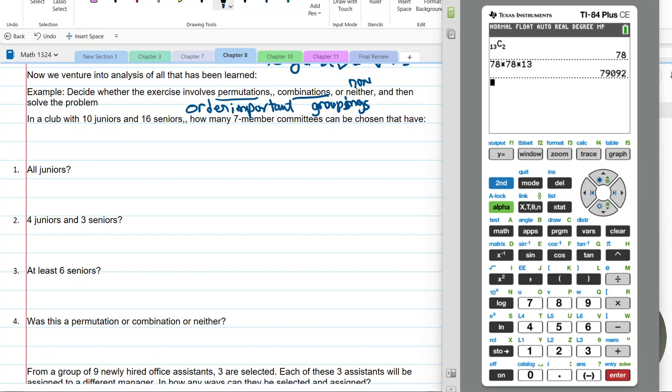In a club with 10 juniors and 16 seniors, how many 7-member committees can be chosen that have all juniors? All right. So we're going to be talking combinations.